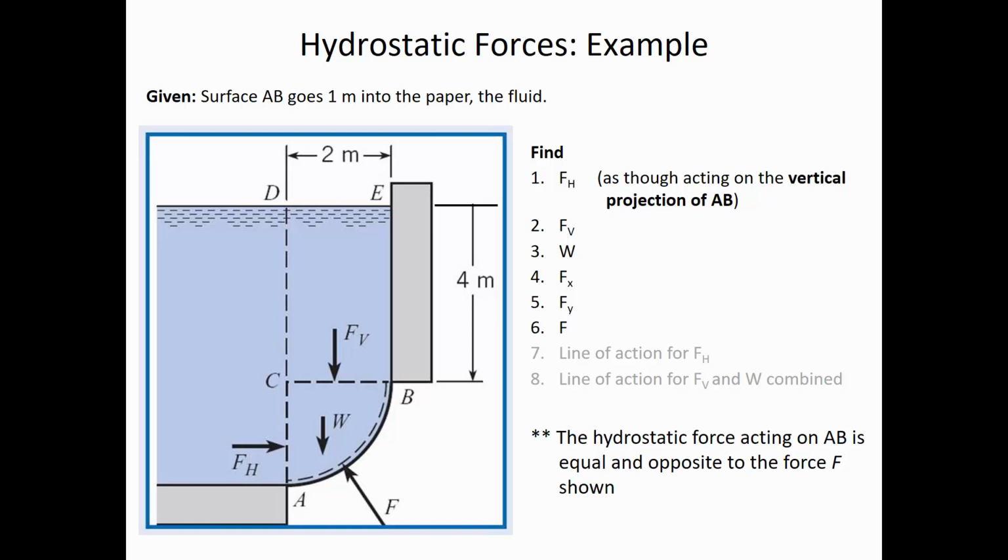So we go through the same steps that we have before. Namely, you find the force by P bar A. And of course, P bar means the pressure at the centroid. So that is delta H times gamma times the area. And so you're going to have to consider how deep it is from the water surface to the centroid of that projection.